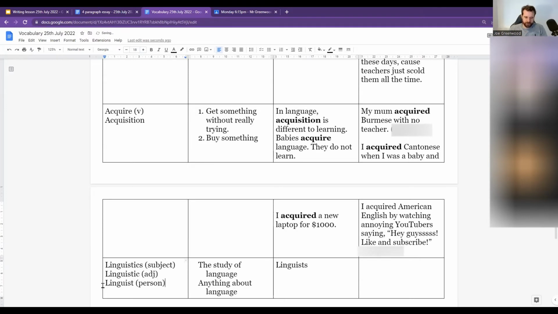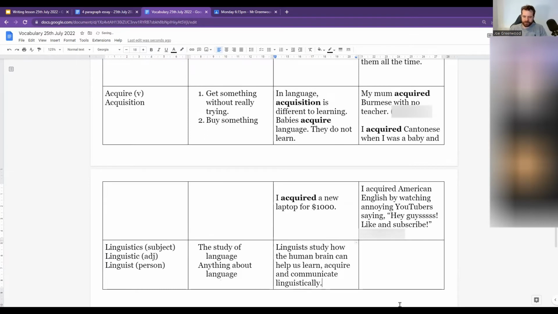Like a scientist, you can call them a linguist. Linguists study how the human brain can help us learn, acquire, and communicate linguistically, right? I'm using the word linguistically now. But it's all about language.